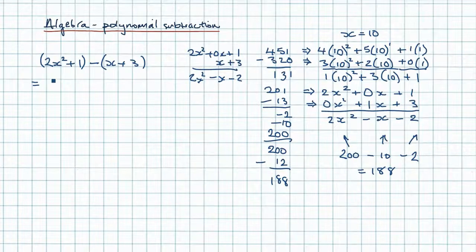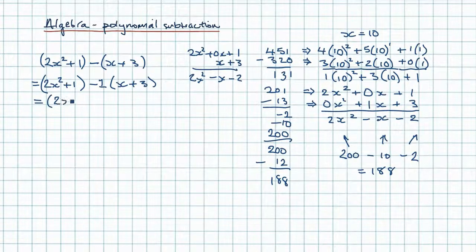So let's rewrite it. 2x squared plus 1, that's our first binomial, so that represents this number here, 201. And I'm going to say subtract 1 times x plus 3 to make this even clearer. In other words, there's a negative 1 outside the brackets, so if we multiply the x by negative 1 and the 3 by negative 1, then we'll have everything correctly expressed.